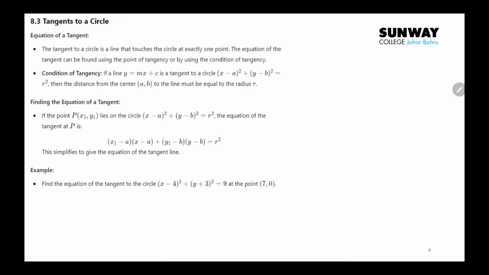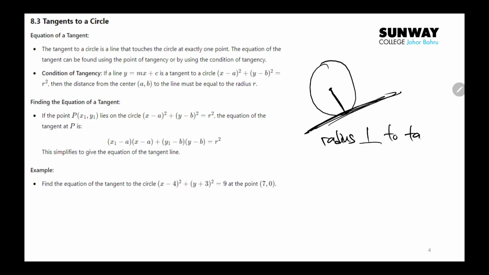Tangent to a circle. If you would like to find the equation of a tangent to a circle, other than what is being illustrated here, one of the other ways to look at this is by first understanding a very critical idea: any radius is always perpendicular to the tangent of the circle.